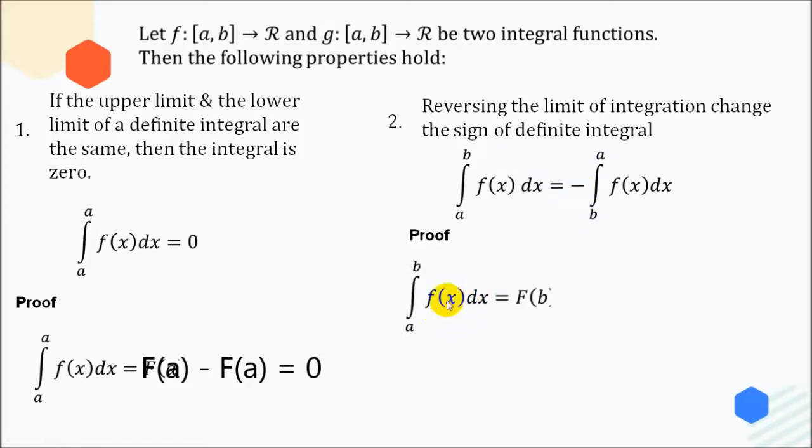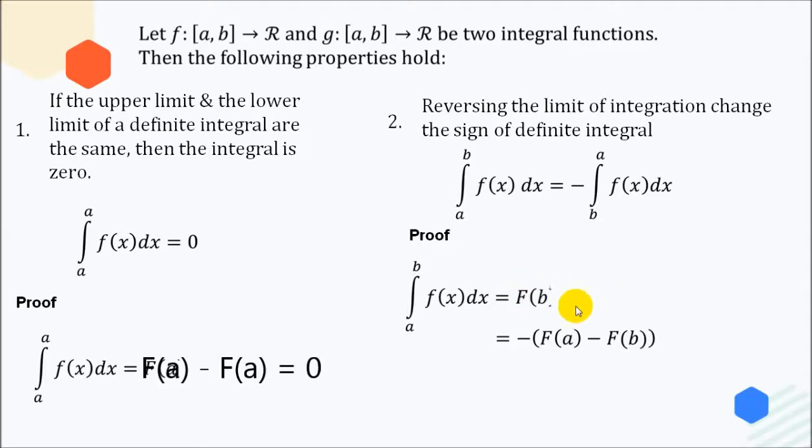So let's see the proof. We have the integral of f(x) dx from a until b, so we have F(b) minus F(a), right? So we can get the negative here, negative of F(a) minus F(b). This is the same value as F(b) minus F(a).